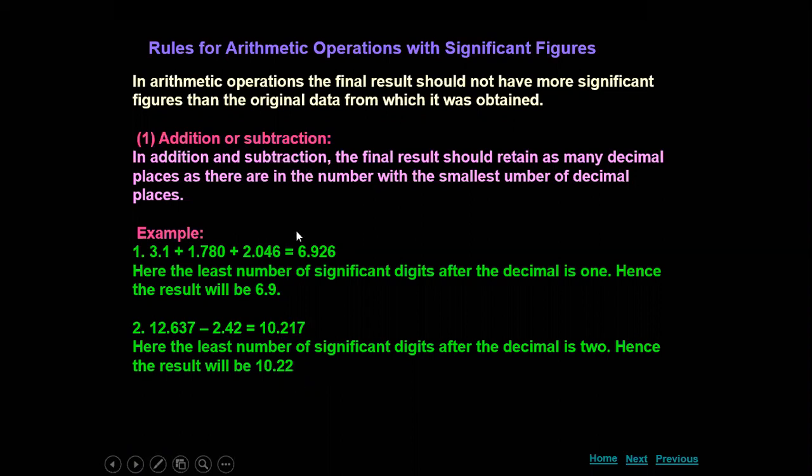When doing addition or subtraction, we look at how many digits are there after the decimal in the smallest number. Here 2 digits are there after the decimal, and in the result also we keep 2 digits after the decimal.